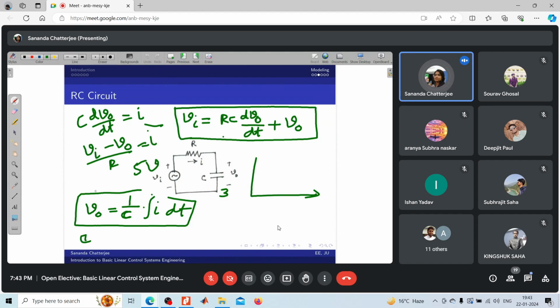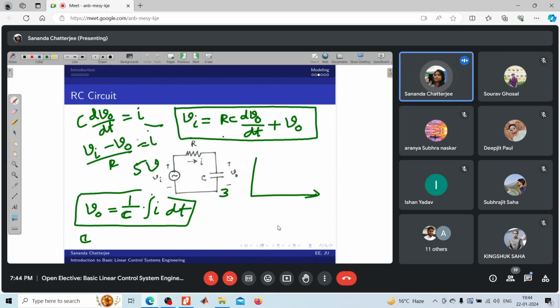The relationship between I and V0 was actually an integral type of relationship, and an integral relationship can easily be converted into a differential relationship. Therefore we call integro-differential equations in general differential equations. The systems which are dynamic, that means the systems which have energy storing elements within them, are called dynamic systems.